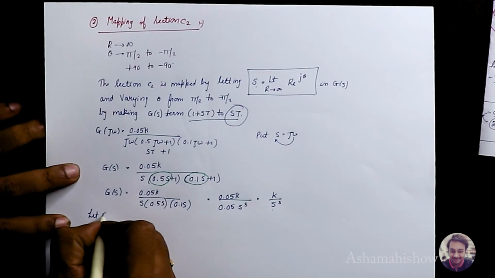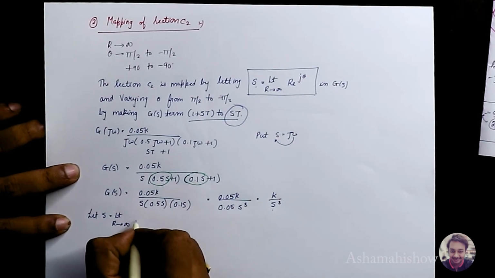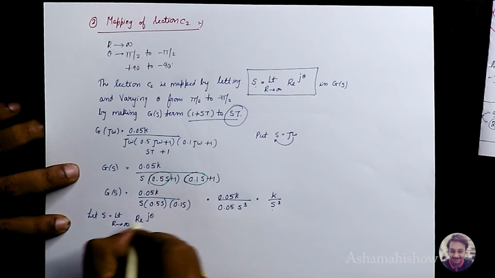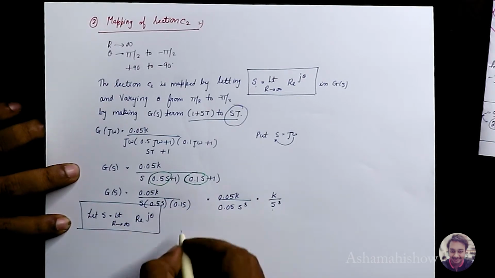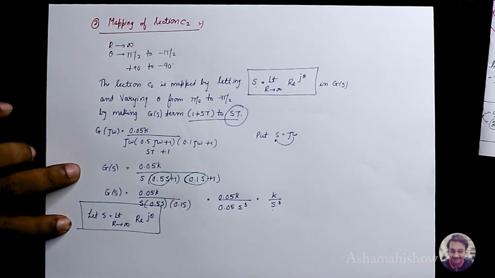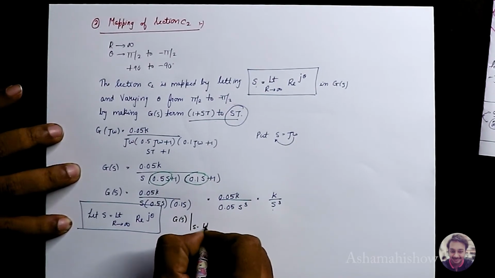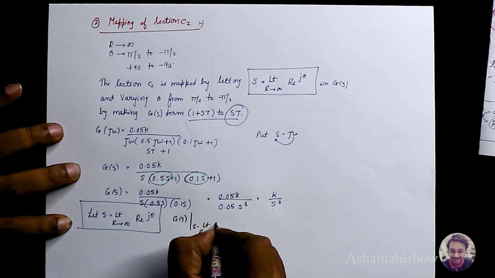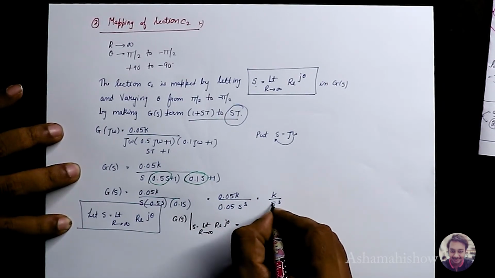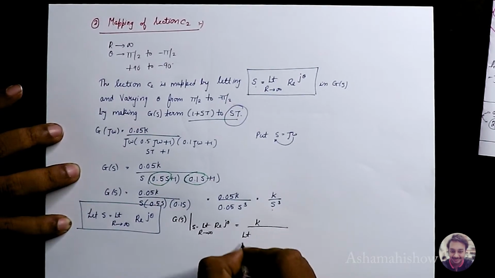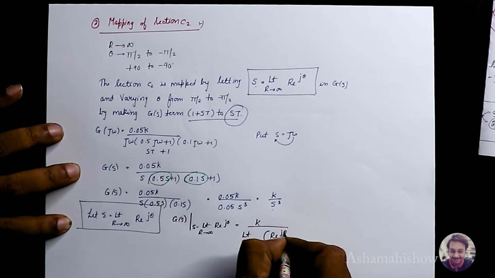So let s equal to limit R tends to infinity R e power j theta. Now you need to keep that one. So now G of s at s equal to limit R tends to infinity R e power j theta is equal to K by, I am keeping s, I am applying this limit now, R e power j theta cube.